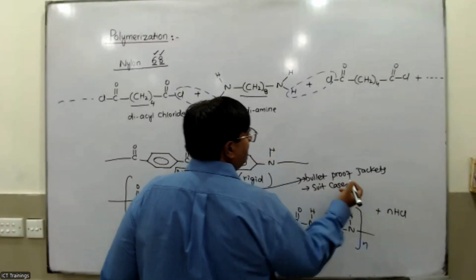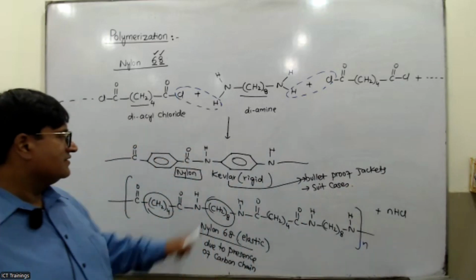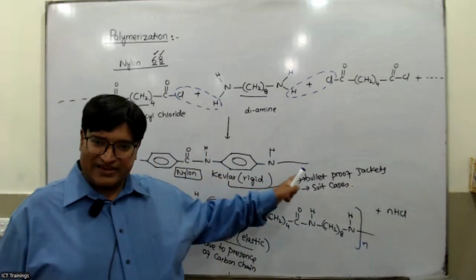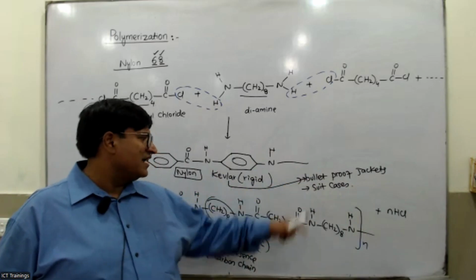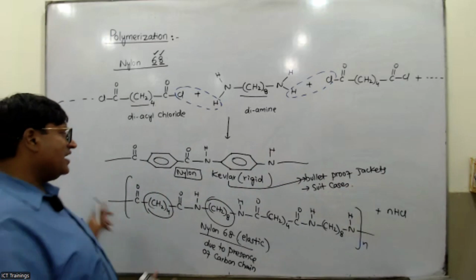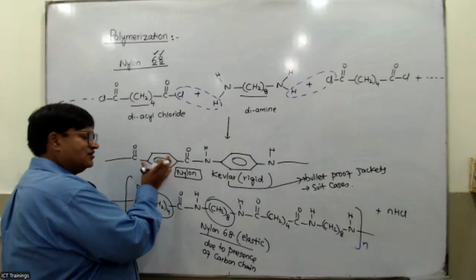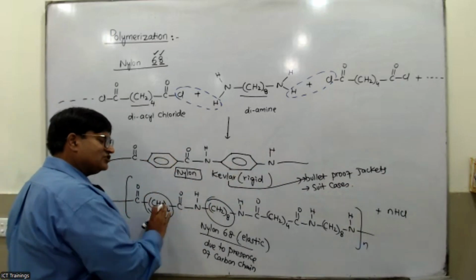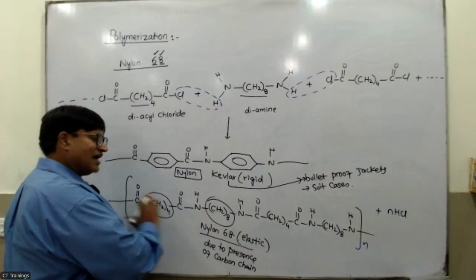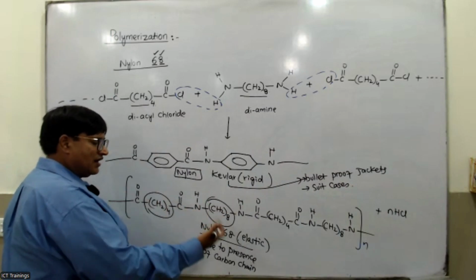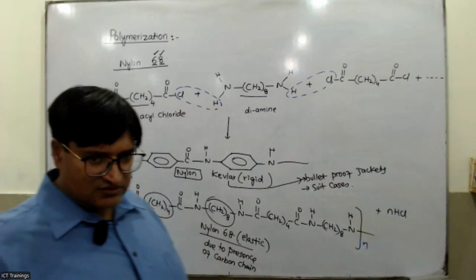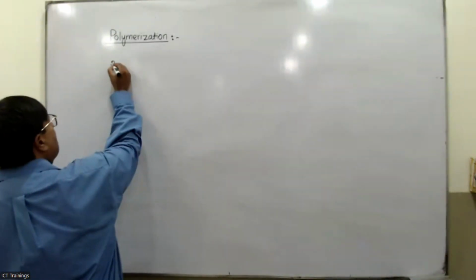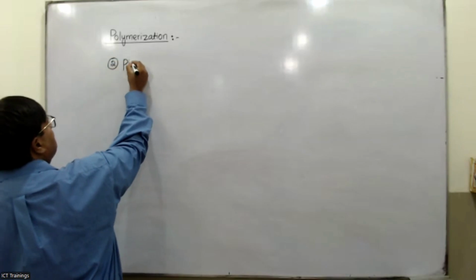Suitcases made of Kevlar are very expensive. So Kevlar is used in bulletproof jackets and in suitcases. Why? Because it is rigid. If the carbon and hydrogen chain is present in a nylon, that will make the nylon elastic. Did you get it? Okay, the next thing, my dear, that we are going to start is the polyesters.